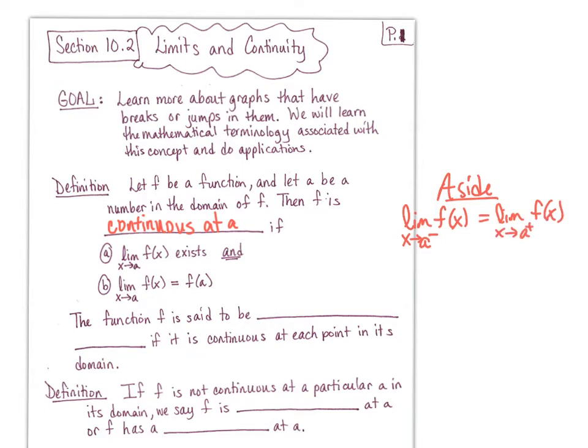That's what we mean whenever we say the limit of f(x) exists as x approaches a. And additionally, the limit of f(x) as x approaches a is equal to f(a). In other words, you can substitute a into your function, and that's your limit. So that's what it means for us to have a continuous function at a.